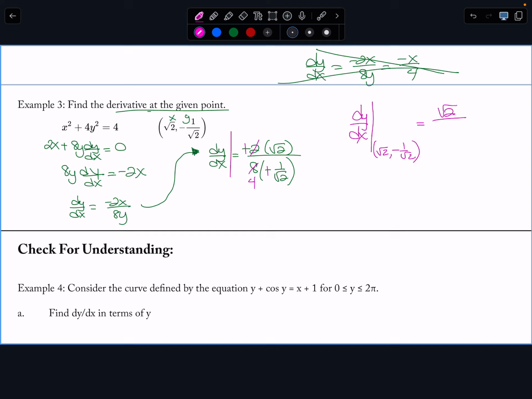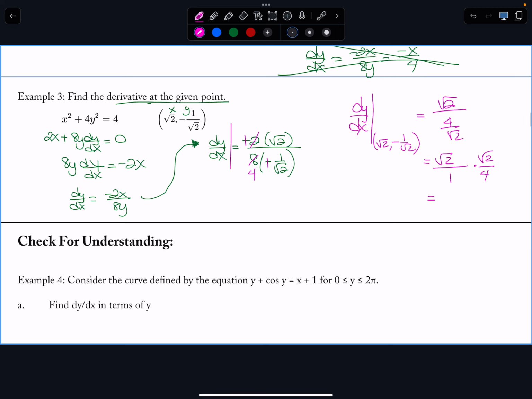So root 2 over 1 times root 2 over 4. I just want to make sure I wasn't messing up. So root 4 over 4, which is 2 over 4, which is 1/2.